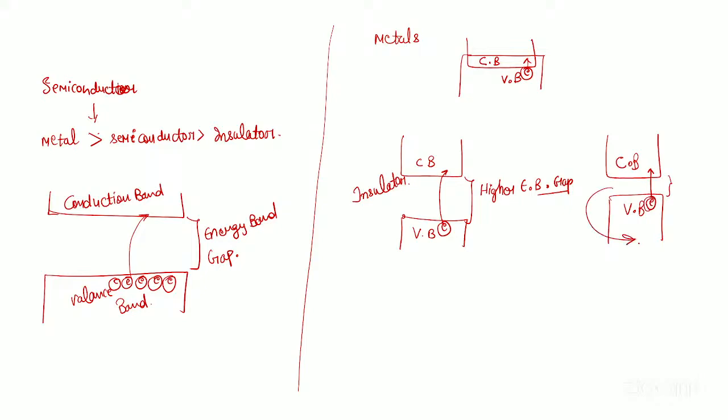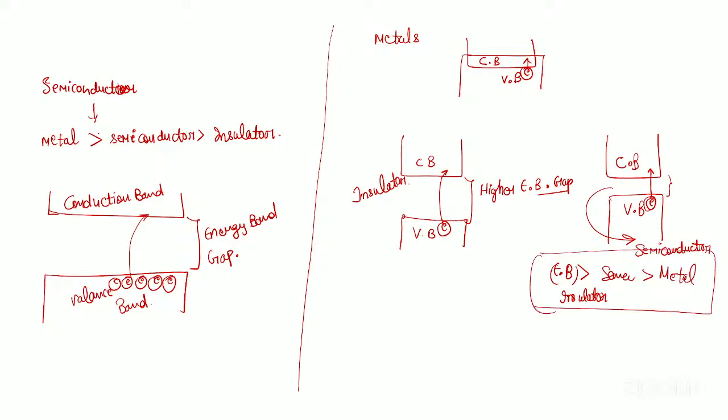So this type of material is termed as the semiconductor. So energy band gap is greater in insulator than semiconductor and then metal. So metal has minimum or negligible energy band gap.